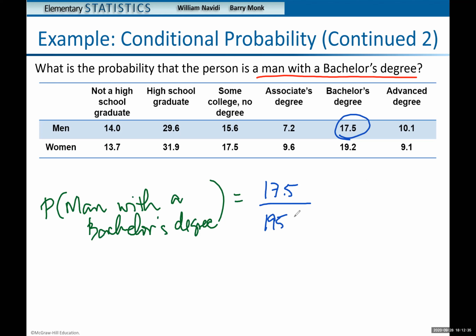So divide this: 0.0897. Okay, so the probability of a man with a bachelor's degree: based on the table, we have a column for bachelor's degree men, that is 17.5 out of the grand total 195, and that is equal to 0.0897.